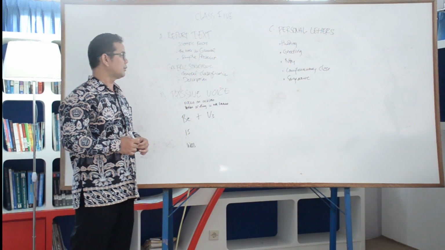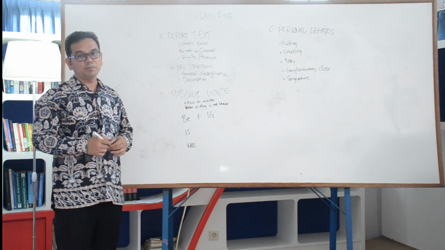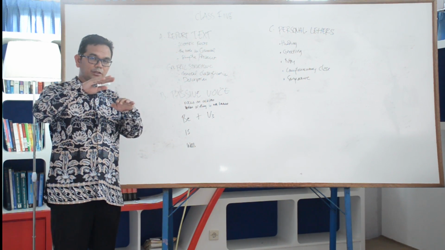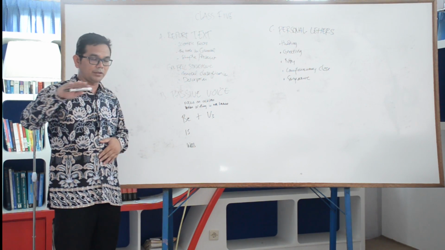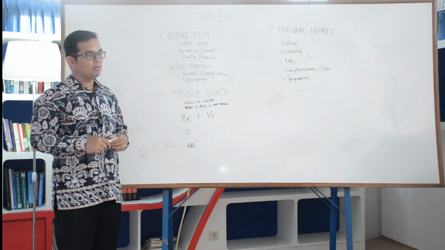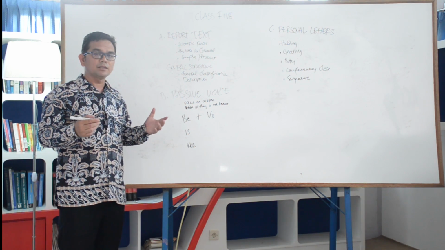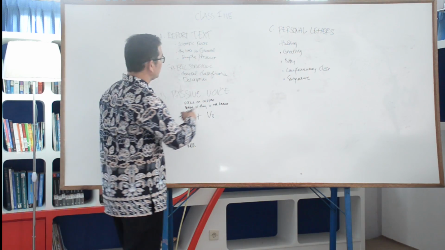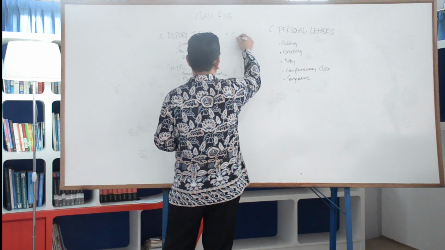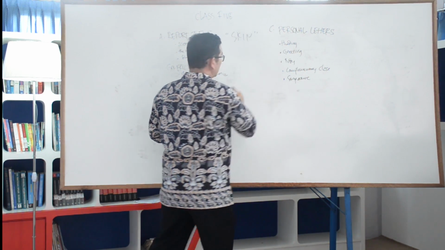And the generic structure of the report text: first, there is a general identification or general classification. For example, the text is about the skin. Okay, you know skin.